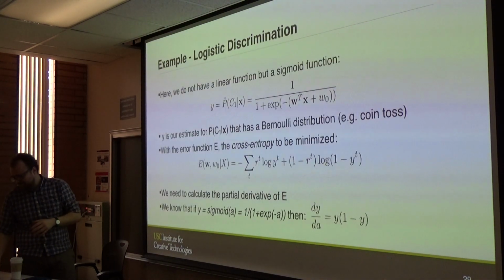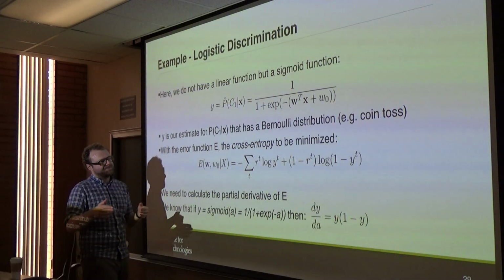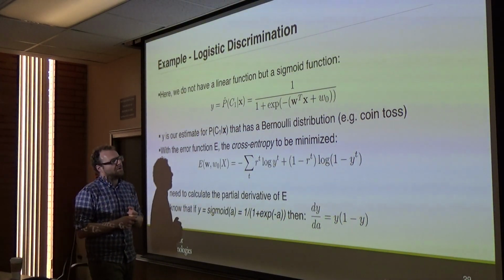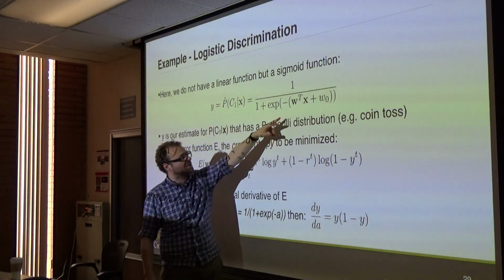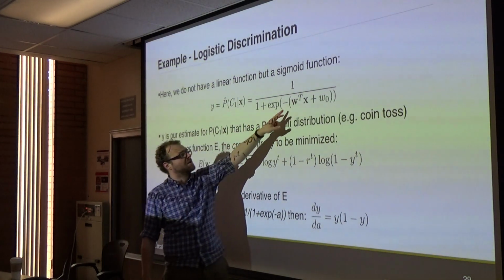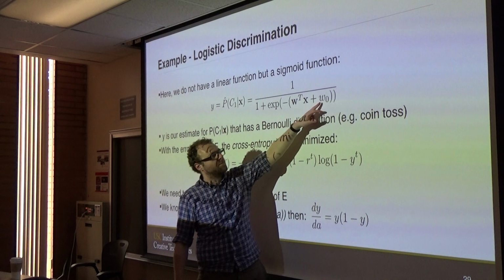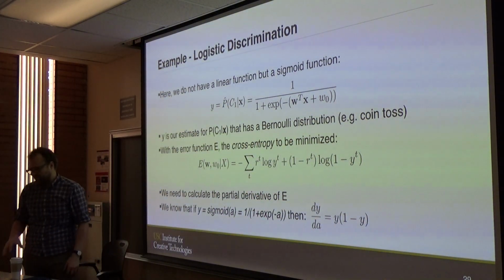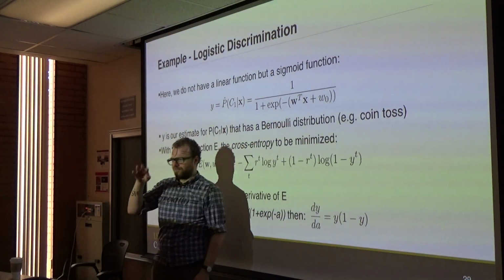Then we walked through this example of logistic discrimination, where instead of having a line that we want to update or identify, we now have a d-dimensional sigmoidal function with the number of input weights plus one weight. That gives you a shift again. If that wasn't here, it would always go through 0.